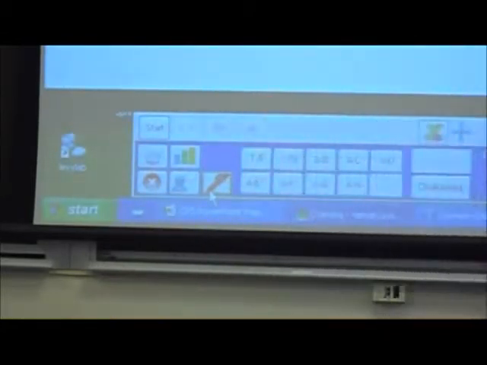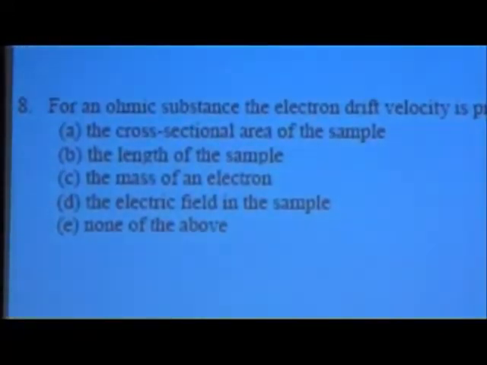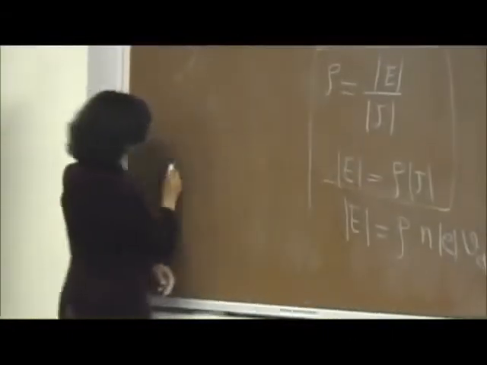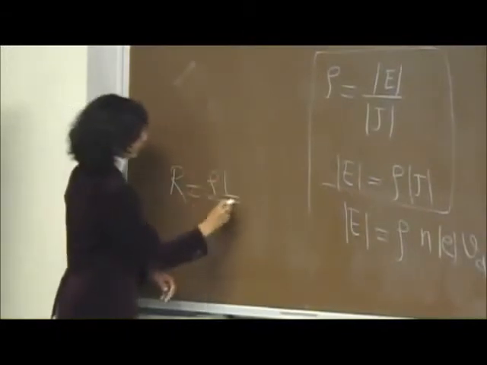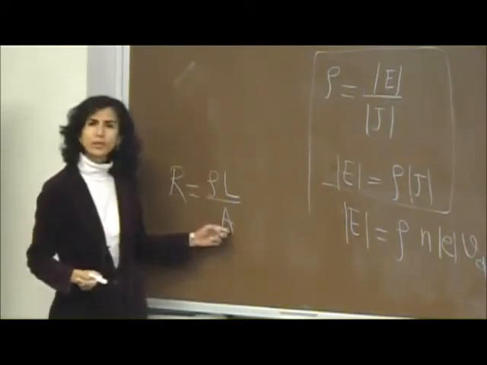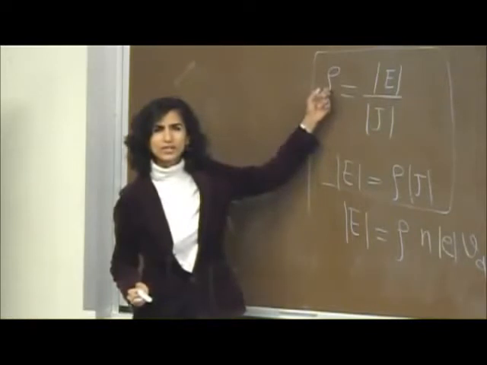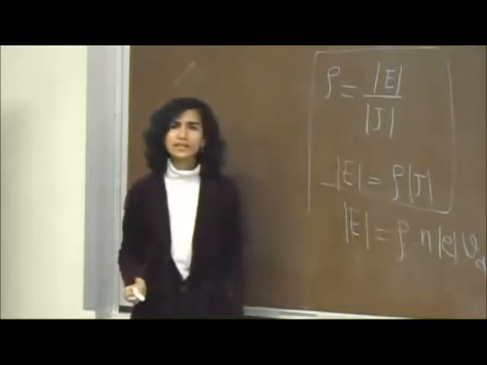Please. Couldn't it be A also, because J is equal to I over A? No. What do you mean by cross-sectional area of the sample? The resistance will depend upon the cross-sectional area. You know, the resistance is rho L over A. So the resistance of the material will depend upon the cross-sectional area, but not the resistivity or the drift speed.